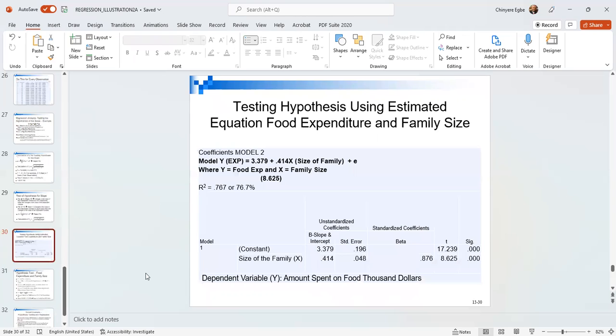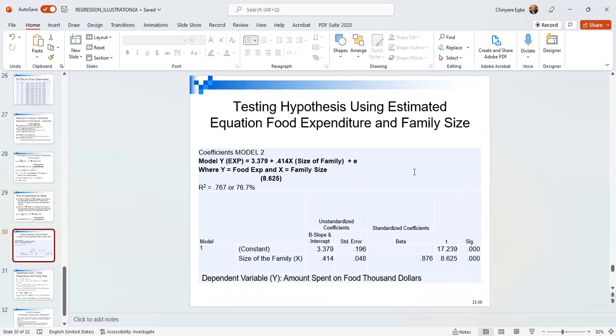So, like I said, I'm not going to burden you in any test or whatever with those technical calculations. But we have here a printout.